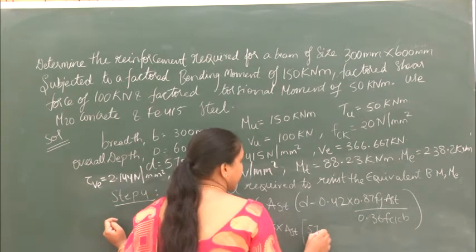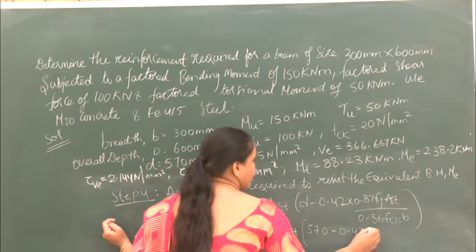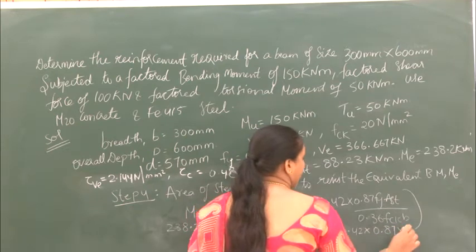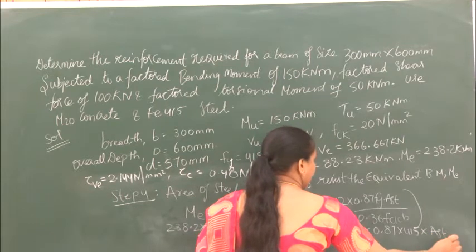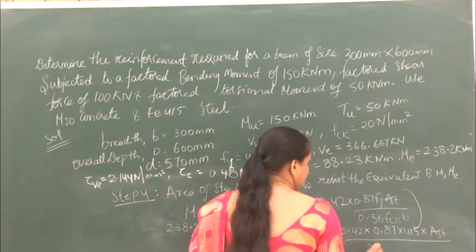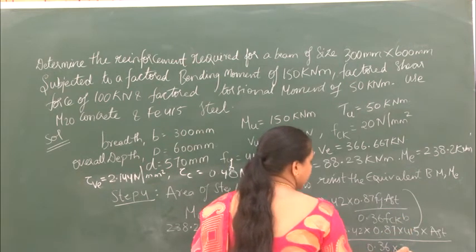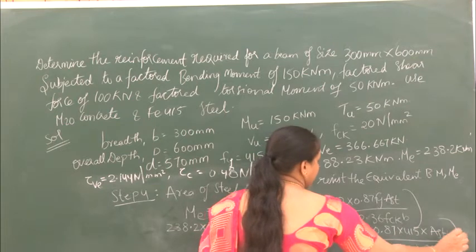It is 570 minus 0.42 into 0.87 into Fy, which is 415, into AST divided by 0.36 into fck, which is 20, into b. b is how much? It is 300.